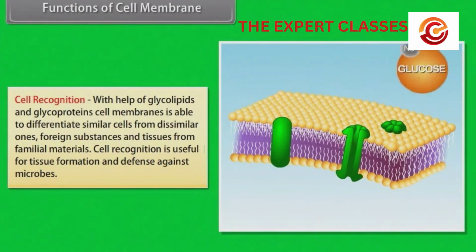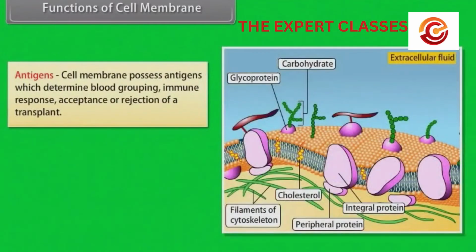Cell recognition is useful for tissue formation and defense against microbes. Antigens. Cell membrane possesses antigens which determine blood grouping, immune response, acceptance or rejection of a transplant.